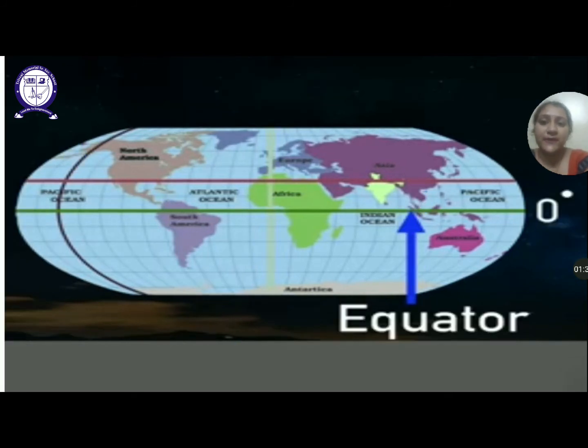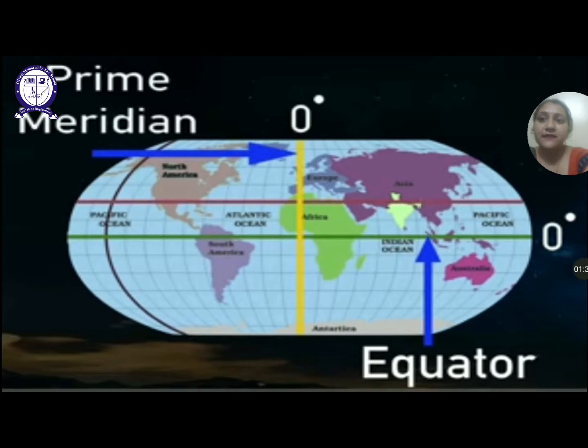The equator is denoted with 0 degree, and the western or eastern hemisphere is denoted with the prime meridian.